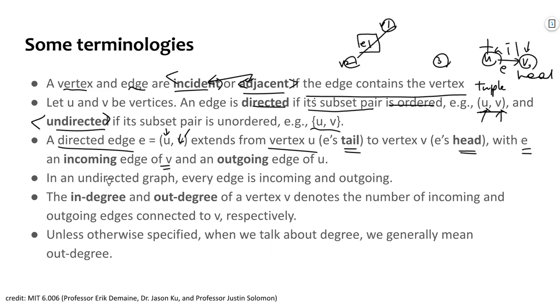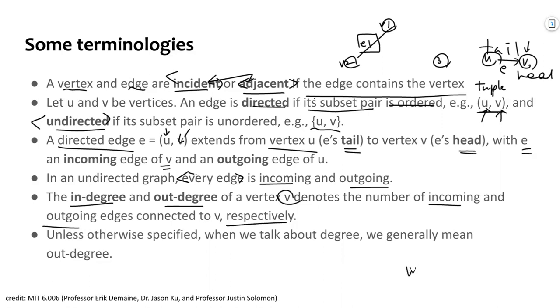And in an undirected graph, we say every edge is both incoming and outgoing. So we do not distinguish between incoming or outgoing. And the in degree and out degree of a vertex V denote the number of incoming and outgoing edges connected to V respectively.